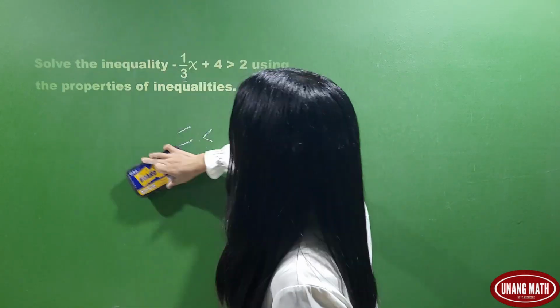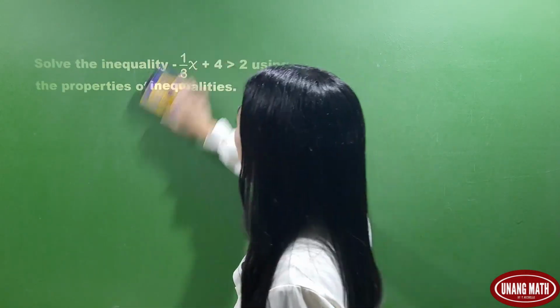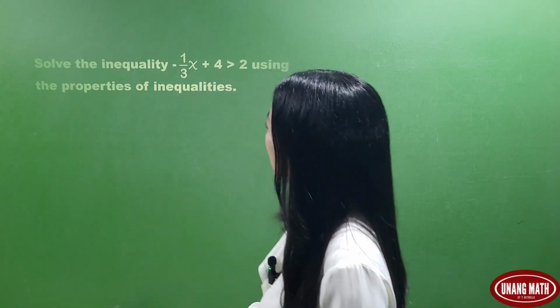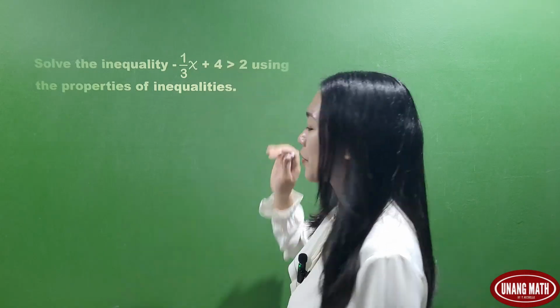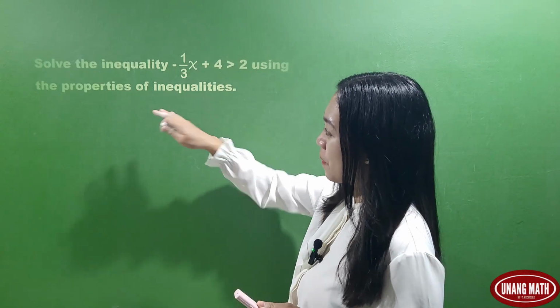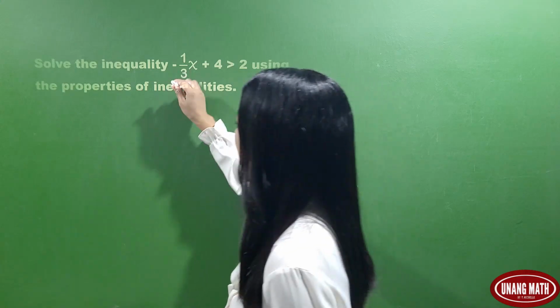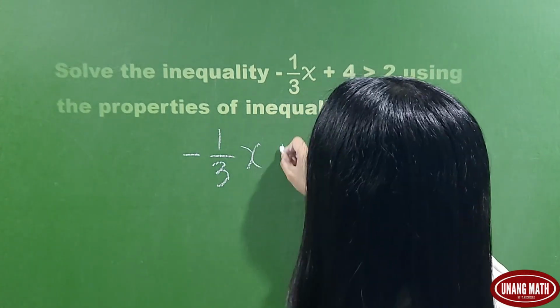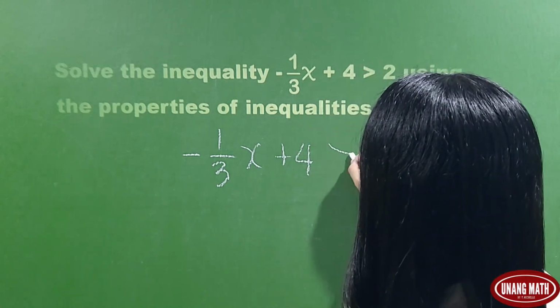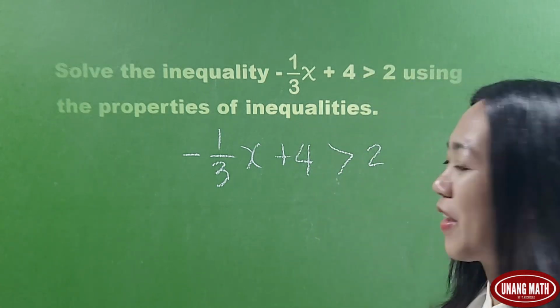Okay, now let's answer this simple problem. Solve the inequality negative 1 over 3 x plus 4 is greater than 2 using the properties of inequalities. So we have here negative 1 over 3 x plus 4 is greater than 2.